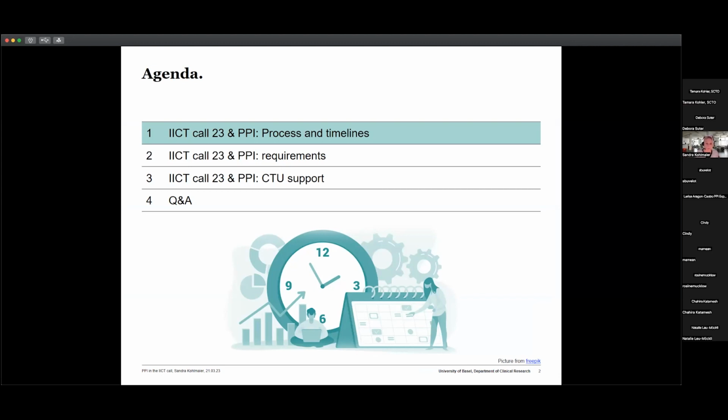This is on PPI today and not covering all aspects of the IICT call. Then we will go to the requirements, and in the end, we will have a look at the CTU support and what you can expect from the CTU, or how you should involve the CTU as well.